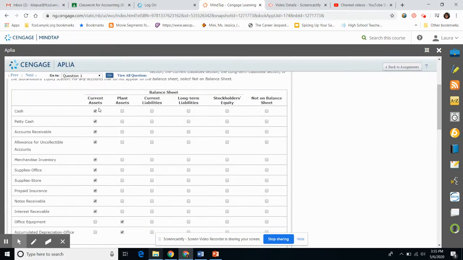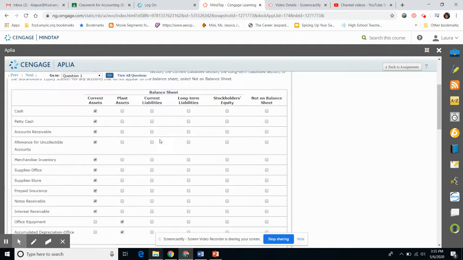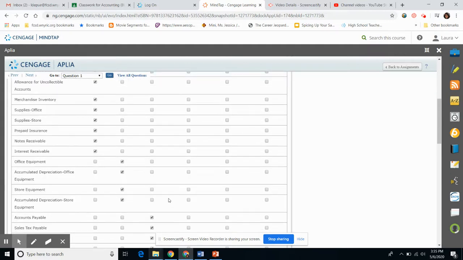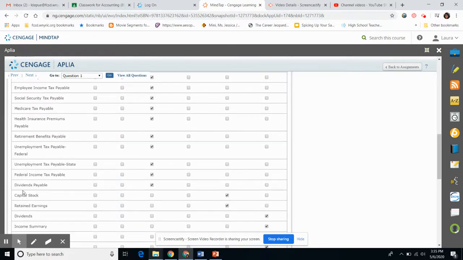So like we said, the current assets go from cash all the way down to interest receivable. The plant assets involve the office equipment, the depreciation of that, the store equipment, and the depreciation of that. So those 4 accounts. The current liabilities, anything from accounts payable all the way down to dividends payable.